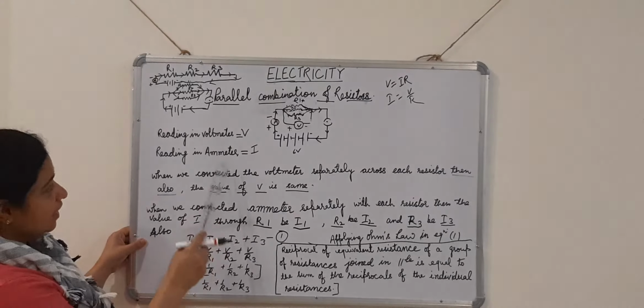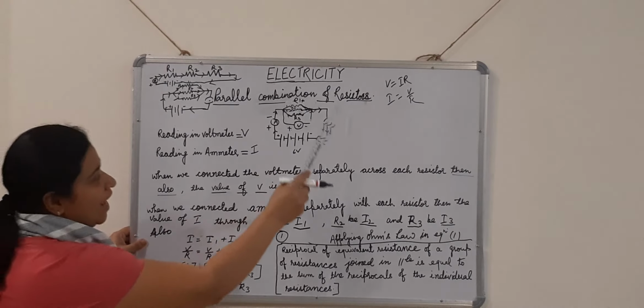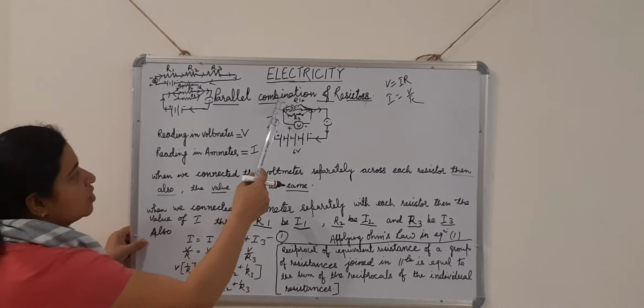Because we had seen in the voltmeter reading, across these three resistors, if we put it separately, then also the reading was V. If I have joined these three resistances in parallel and then noted down the reading, then also the reading in the voltmeter was V only. So that is why here V is the same.